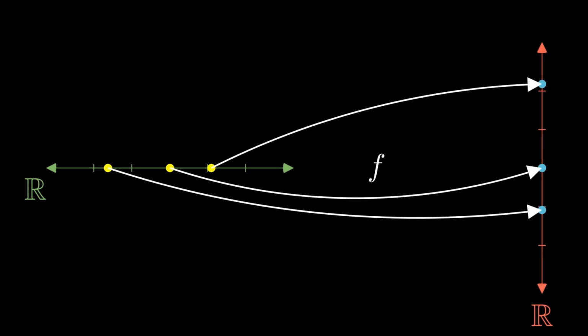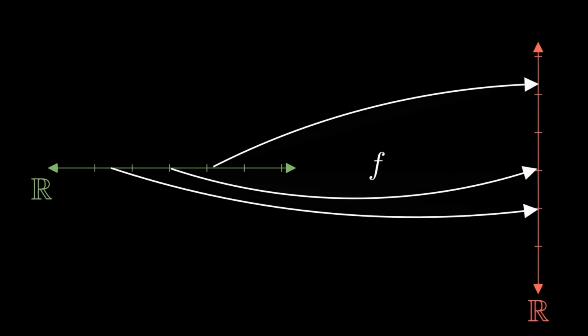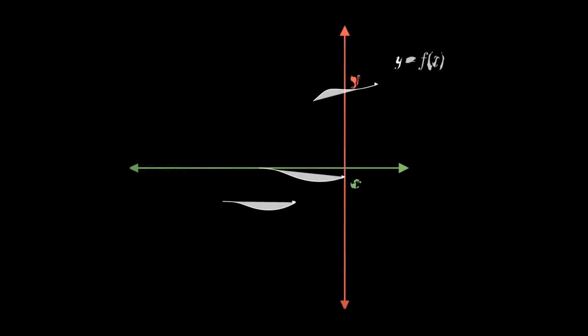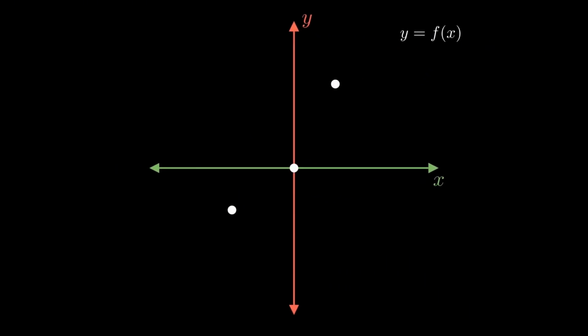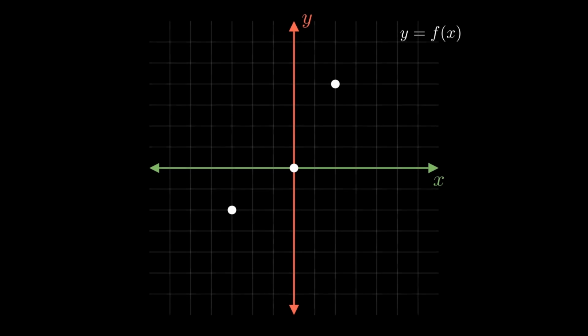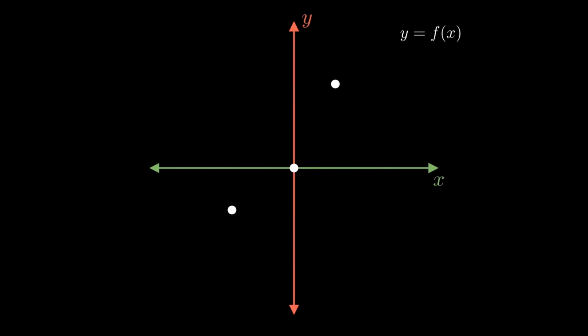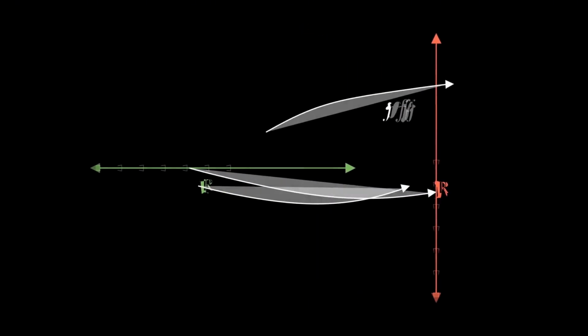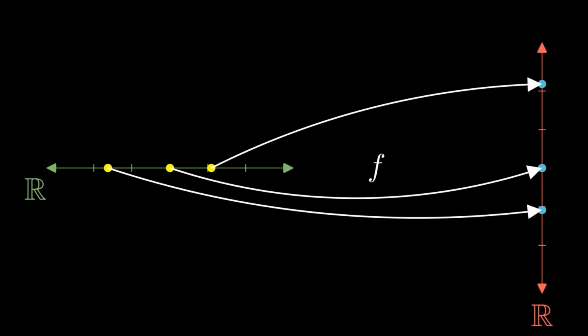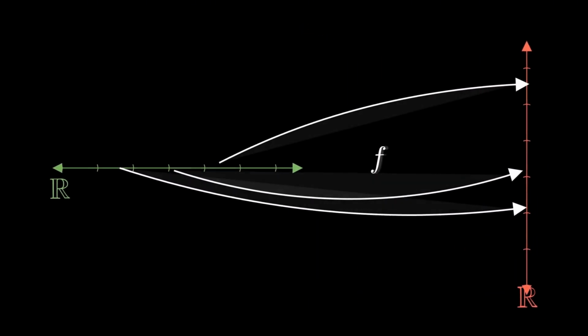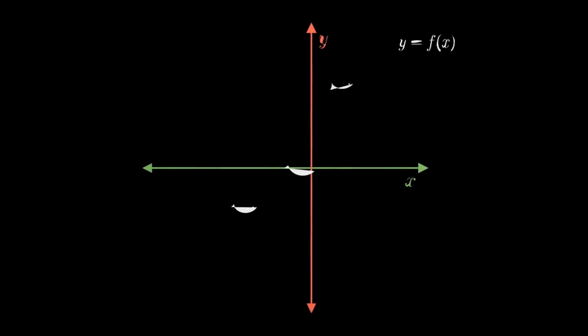This representation can be drastically improved once we consider the Cartesian product. In our case, this is easy. We take both copies of the number line used before and intersect them perpendicularly at 0, thus obtaining the x and y axis of a plane. Our arrows in the previous representation now become graph points in the plane.